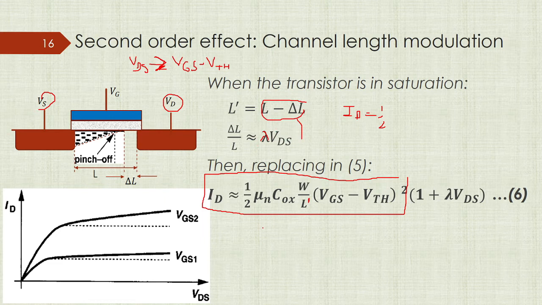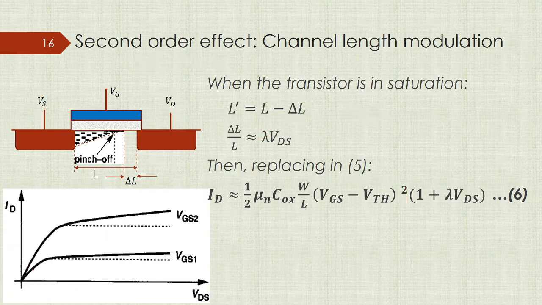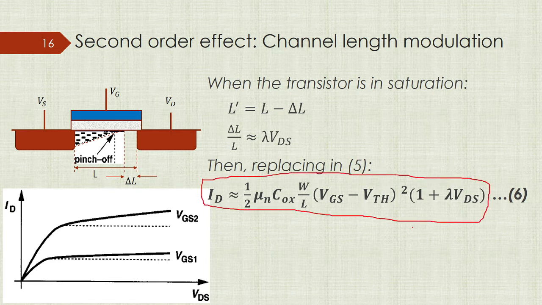We will end up with equation number 5. And this tells us that we will have a linear increase in the current as a function of VDS, so we have here a slope.